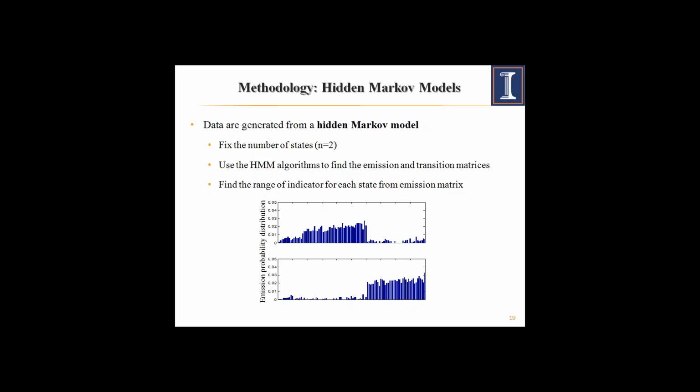From the emission probability, we can say that PCI between 0 and 60 can be aggregated into a superstate, bad condition, and then PCIs between 60 to 100 can be aggregated to the second state, the good condition. So we do this state assignment based on the emission probability that we get from the hidden Markov model.